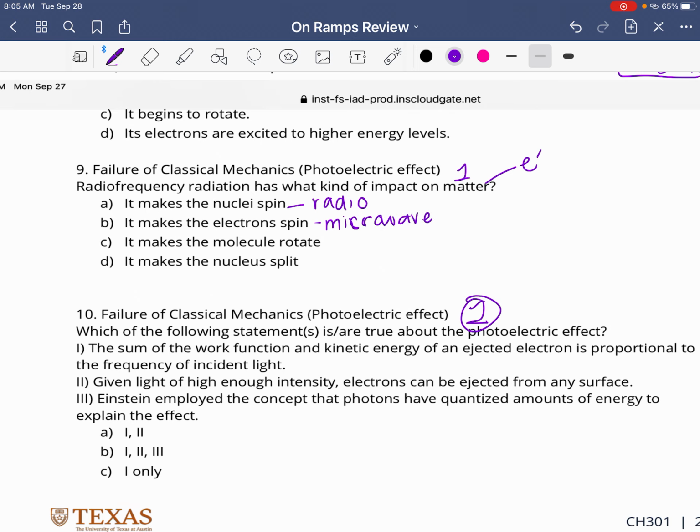Microwave causes your electrons to spin. And nucleus to split, we know is gamma. And the molecules to rotate is also microwave. Okay, so we know that the answer is A.